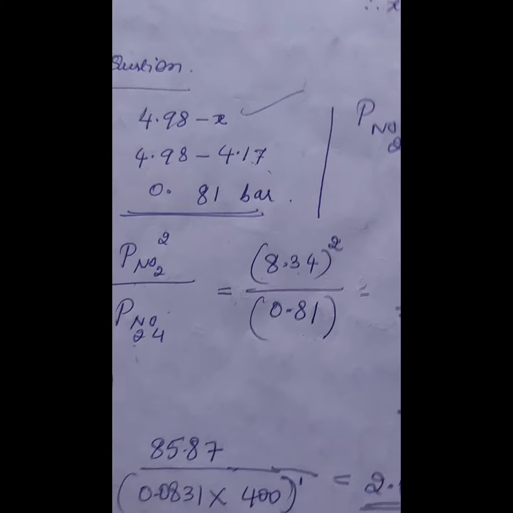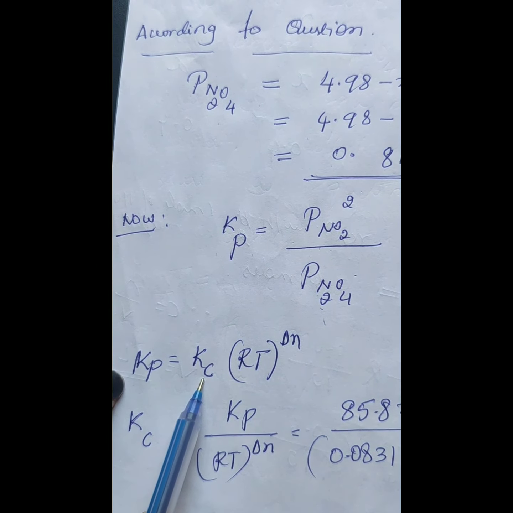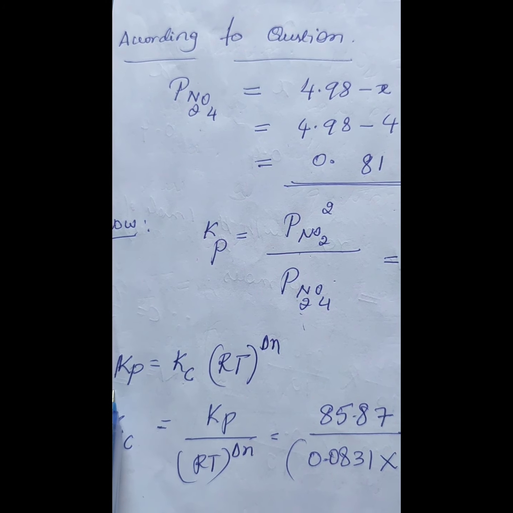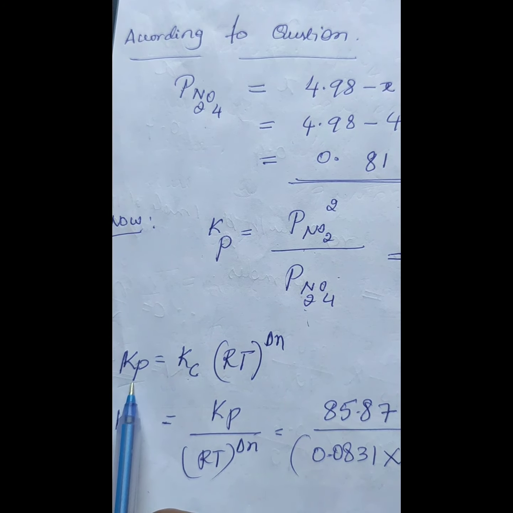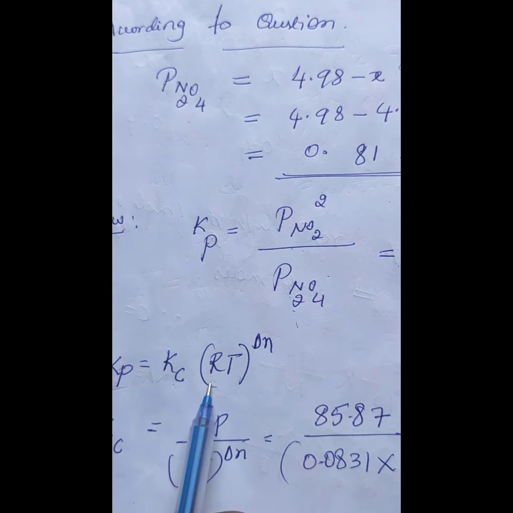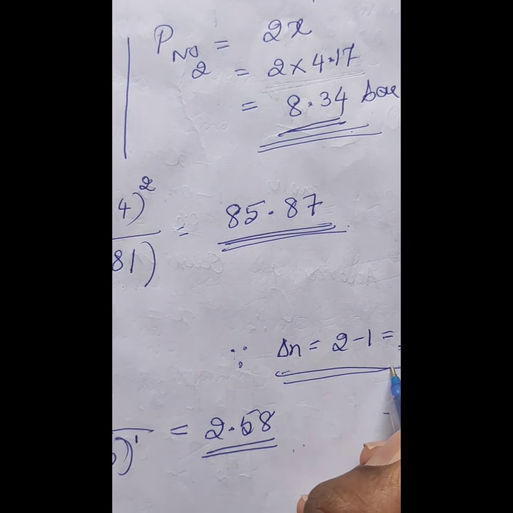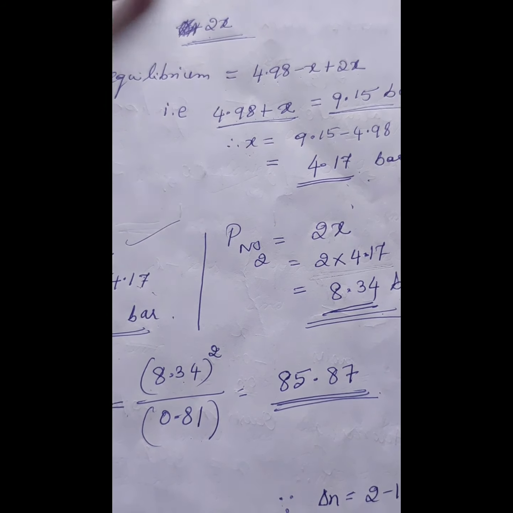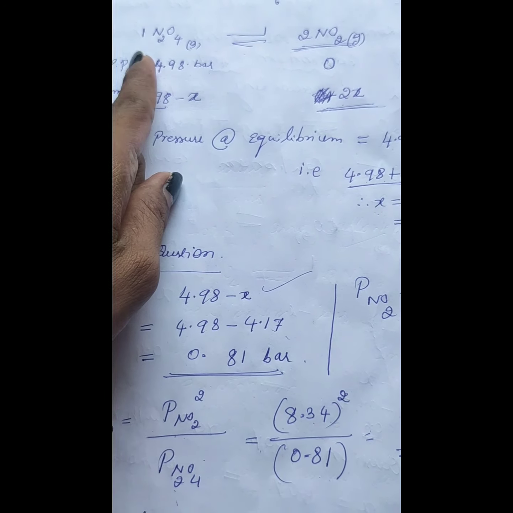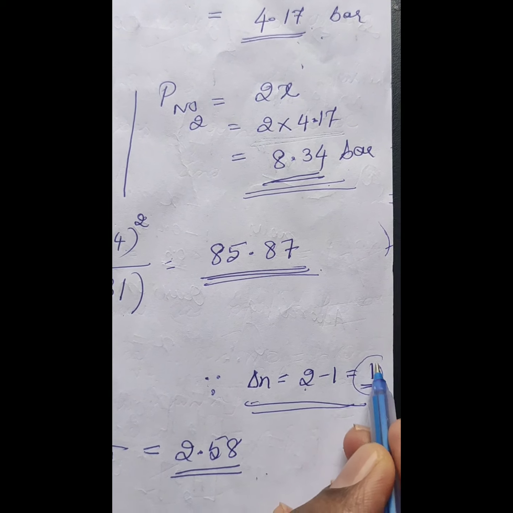Once the Kp value is obtained, children, you can calculate the Kc value. In order to calculate Kc after getting Kp, there is a relation you all know, that is Kp equals Kc into RT to the power delta N. First you calculate delta N. For this reaction, delta N will be equal to 2 minus 1. So the delta N value will be equal to 1.